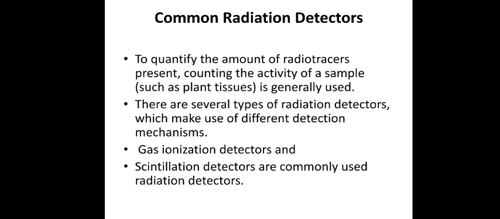Here you can actually quantify, and that's very important. You are going to quantify a chemical of your interest by using a radiotracer. But you should know which radiotracer you are using, whether it is complementary to your chemical of interest, and you should also have detection methods or a detector.